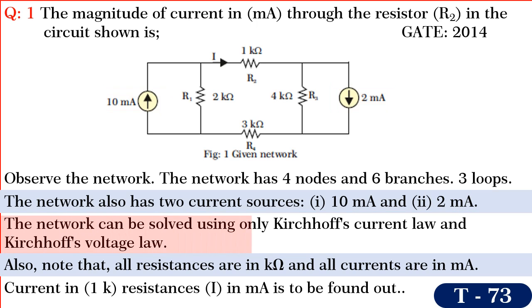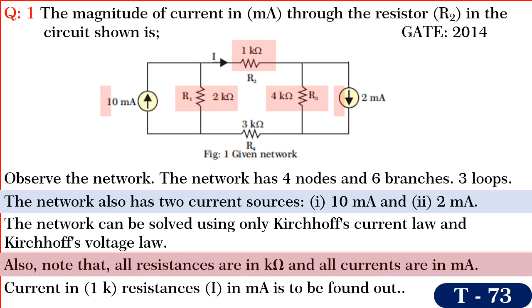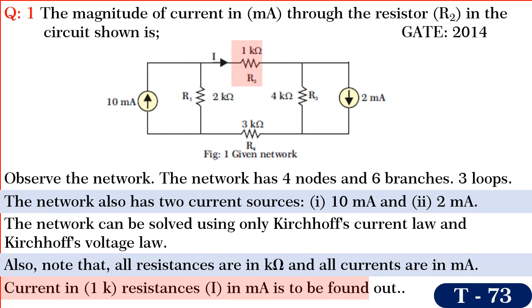The network can be solved using only KCL and KVL. Also note that all the resistors are in kilo ohm and all the current sources are in milliamperes. Current in 1K resistance, I in milliamperes, is to be found out.